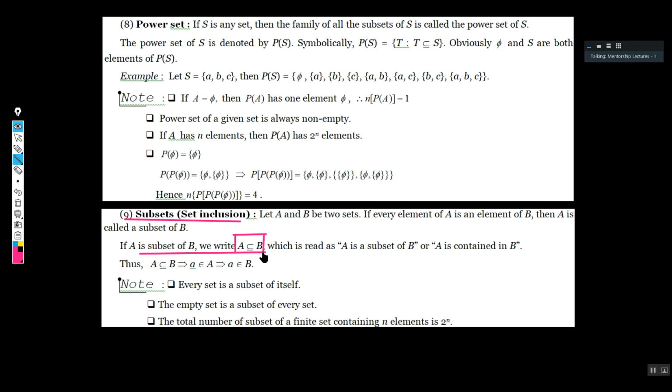This curved part is facing A, and hence A is subset of B. That means B contains A, or A is contained in B. You have to understand like that. Sometimes they may be equal also. When they are equal, that equality symbol is used. When they are not equal, that equality will not be used.